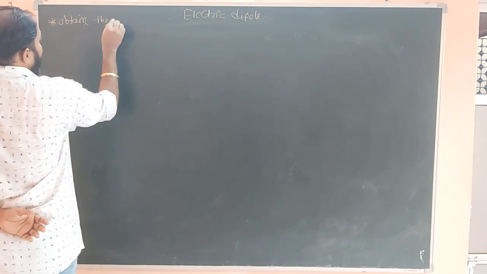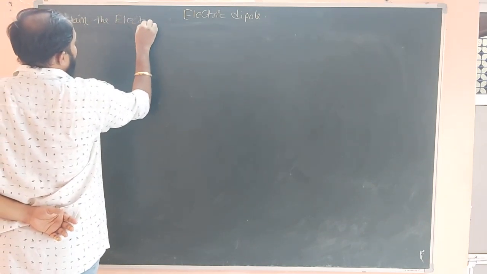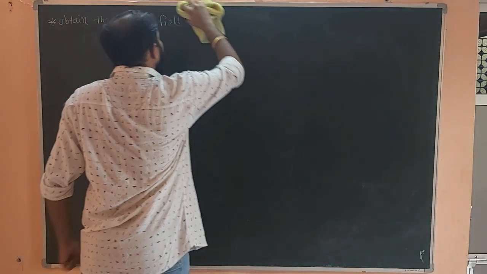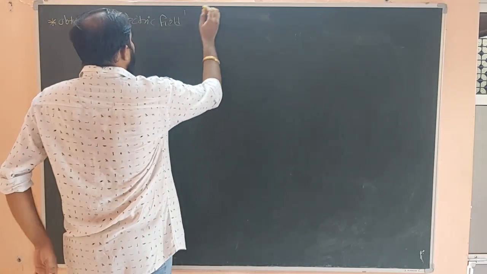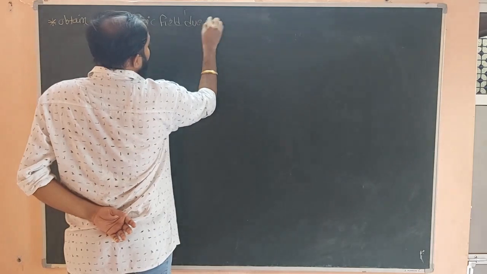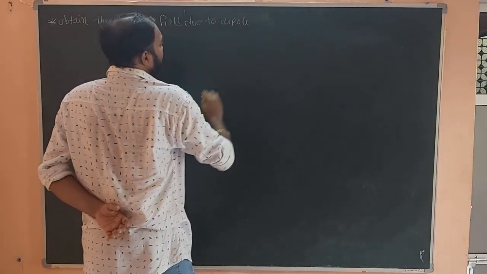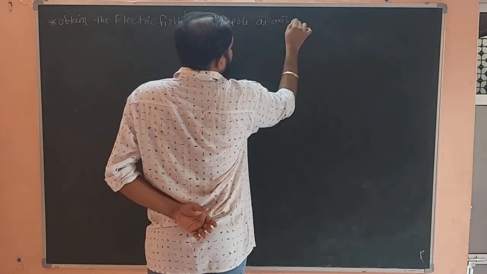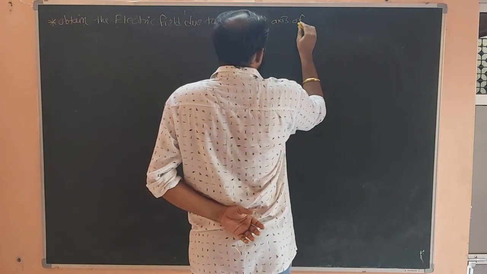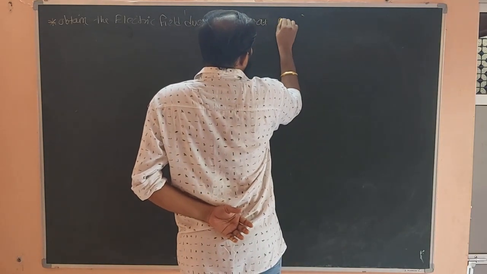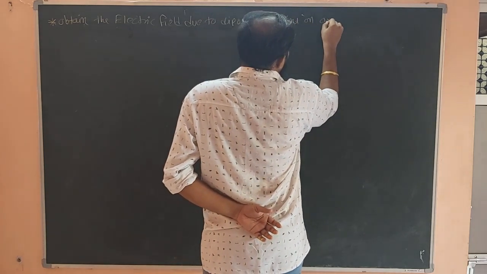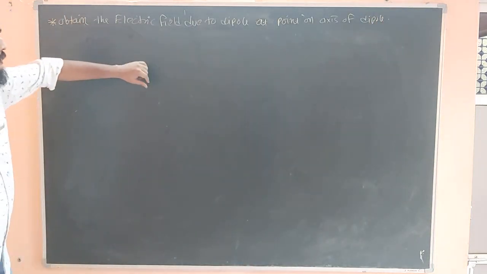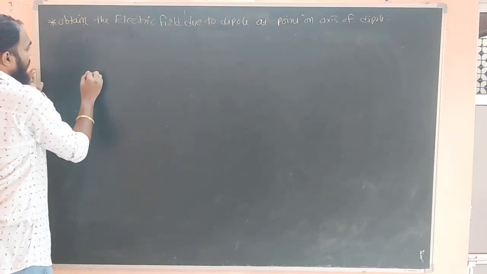Obtain the electric field due to a dipole at a point on the axis of a dipole.